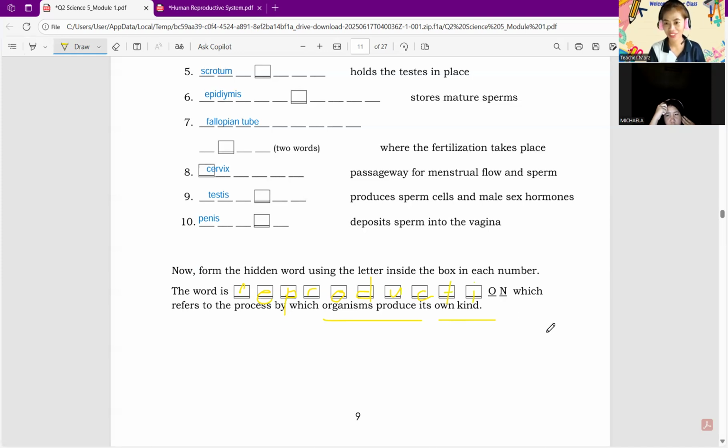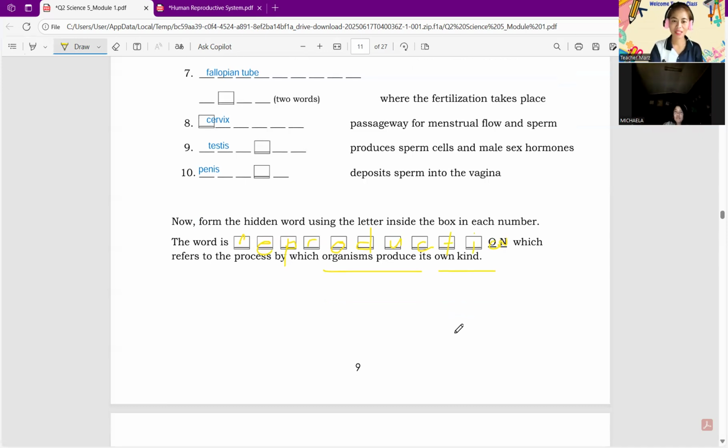It's reproduction. Okay? All right. So it's the reproduction here. So that is the process by which organisms produce its own kind.